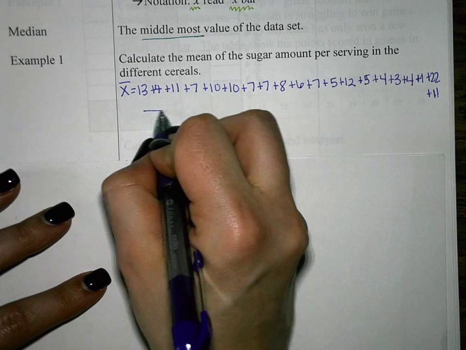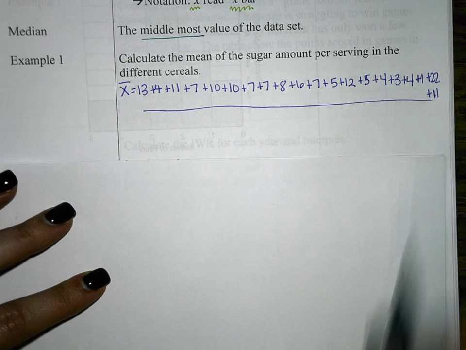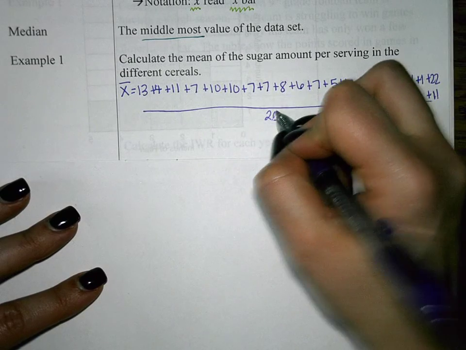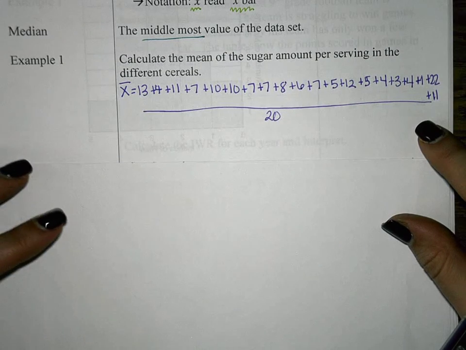So we're going to add all of those up, and we're going to divide by the number of cereals, which was 20. And you guys can use a calculator for this, so don't worry.